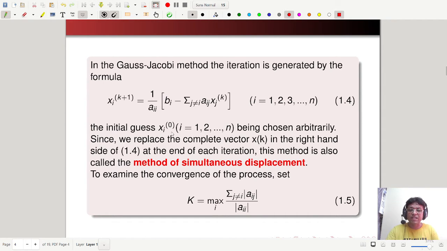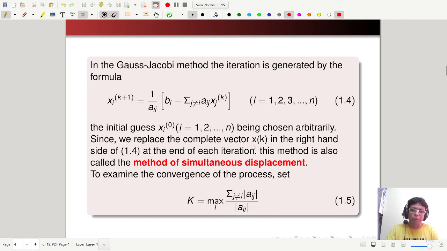The initial guess xi^(0), i equal to 1 to n, is chosen arbitrarily. That is the initial guess. It will be given, or you can choose it arbitrarily; it can be 0, you can start from 0.0005.